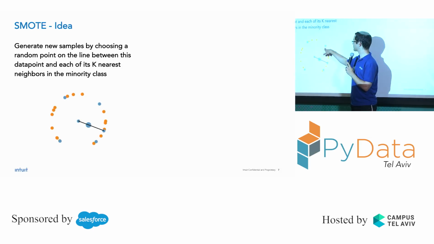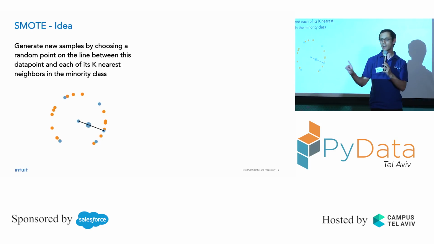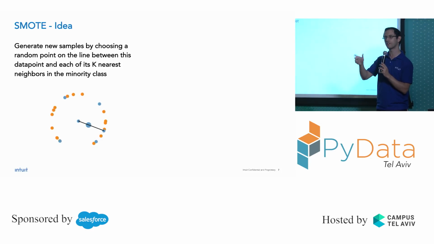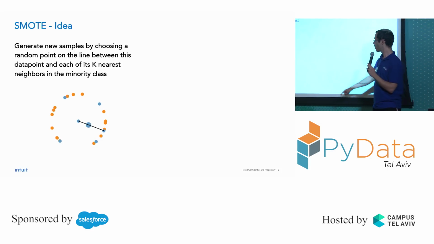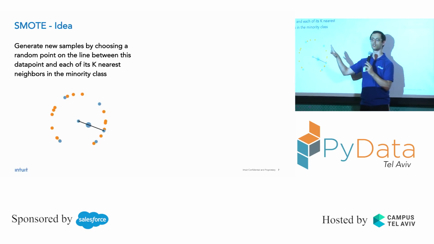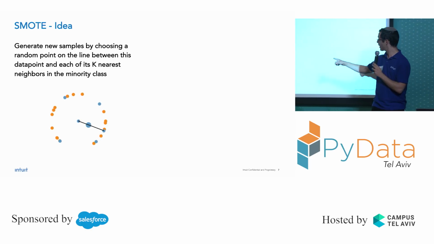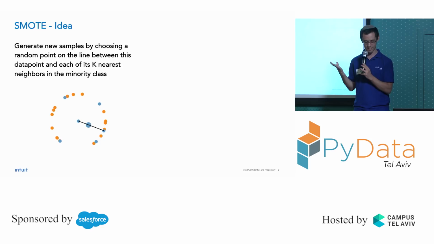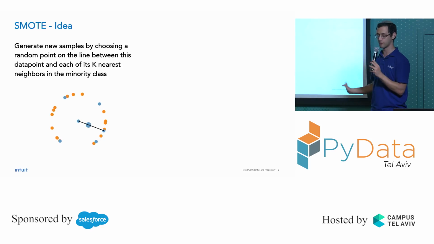It's k nearest neighbors belonging to the minority class. So we see these 5 blue points over here. We randomly pick one of them. And then instead of just Control-C, Control-V, we choose a random point on the vector which connects the 2 points and create that new data point over there. So that will enter the model, that big blue dot over there, but it doesn't actually exist in real life. But it's good to train a model.